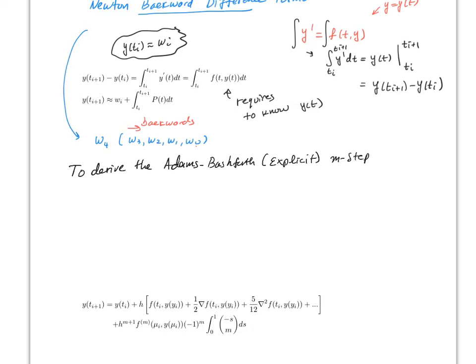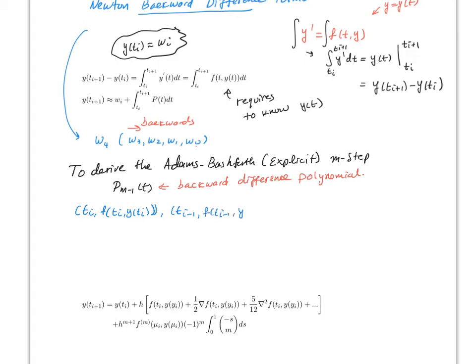We're going to need the backward difference polynomial, which we're going to call P_{n-1}(t). This backward difference polynomial requires the following information: t_i, f(t_i, y(t_i)), and then t_{i-1}, f(t_{i-1}, y(t_{i-1})).